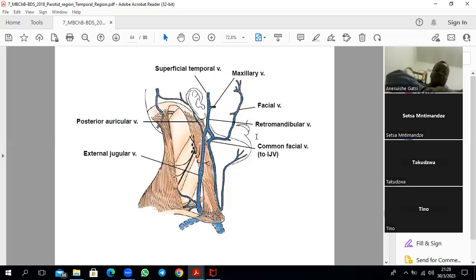The internal jugular vein is a direct continuation of one of the sinuses of the brain known as the sigmoid sinus, the one that we say passes through the jugular foramen. So the internal jugular is coming directly from the brain, and it will get tributaries along the way, which include the common facial vein. So the common facial vein is the anterior division of the retromandibular vein plus the facial vein itself. Right.